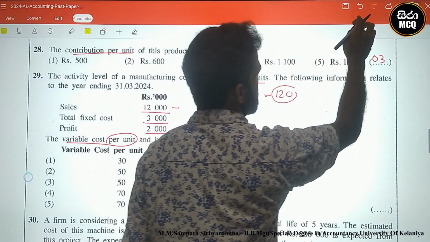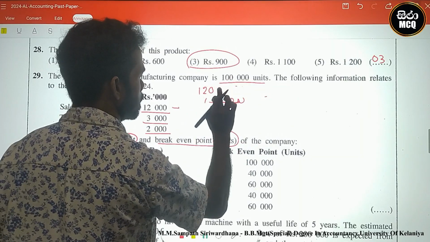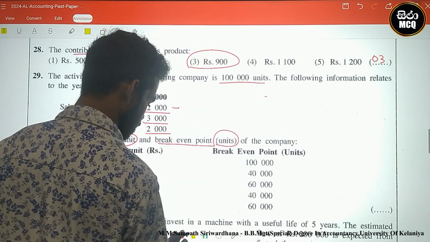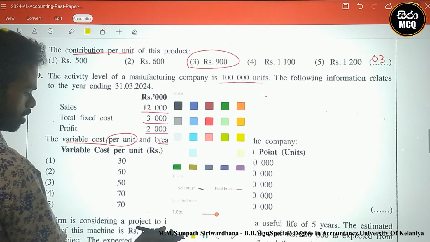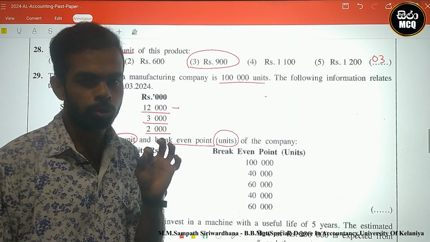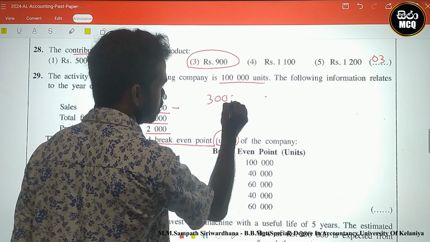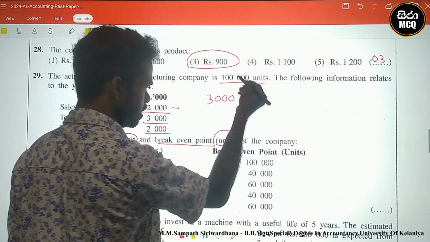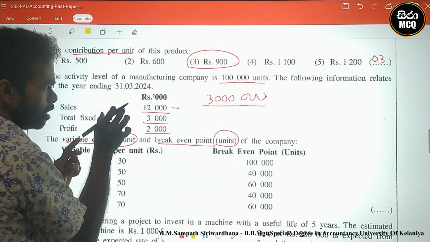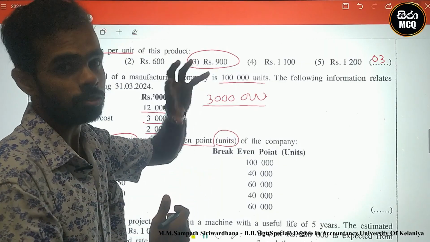Look here, there is a total fixed cost. We want unit fixed cost. 3,000 means 3 million, with more zeros, 300,000 total fixed cost related to 100,000 units.